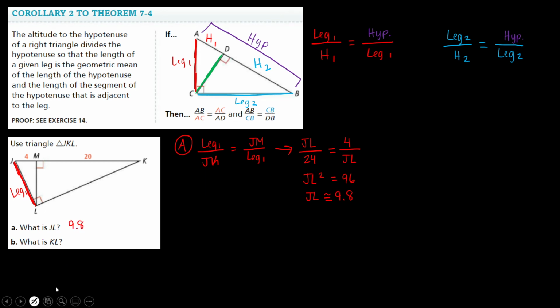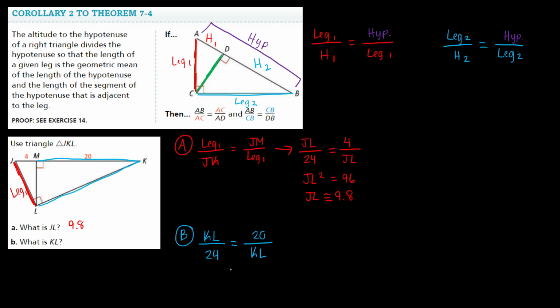So now I can use that same concept to find KL. So KL is going to be my other leg. And here is the portion of the hypotenuse that is next to it. So I know that KL is the geometric mean. Again, setting up cross multiplication here. KL is the geometric mean of the whole hypotenuse, 24, and the portion of the hypotenuse that is next to it, so it's 20 units.